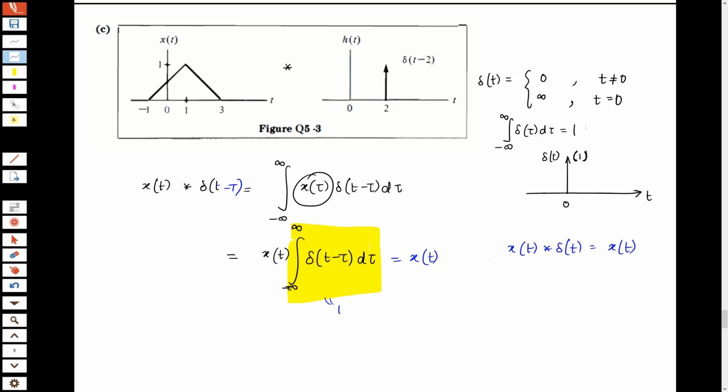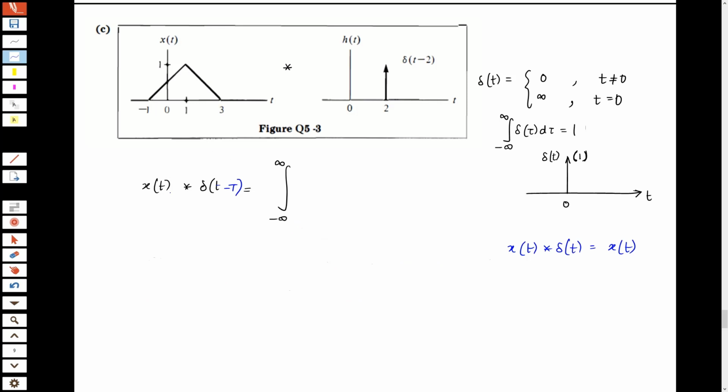And instead now, just to make things simpler, using commutative property, you could have written integral of x(t minus tau) delta(tau minus T) d tau, meaning first write both in terms of tau, and if you choose to flip and shift x(tau), you could have written this as x(t minus tau) delta(tau minus T) d tau.